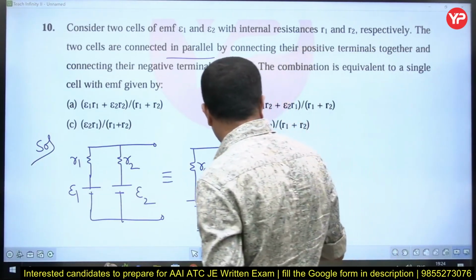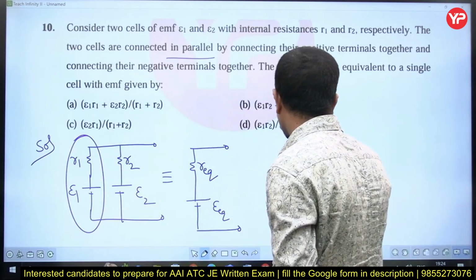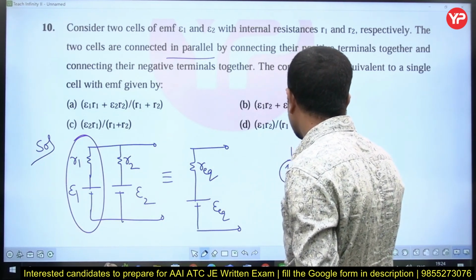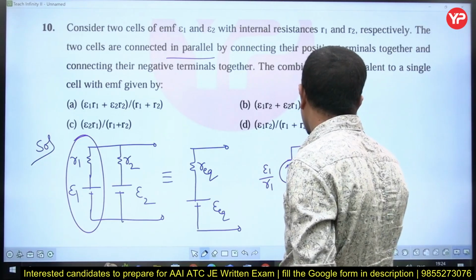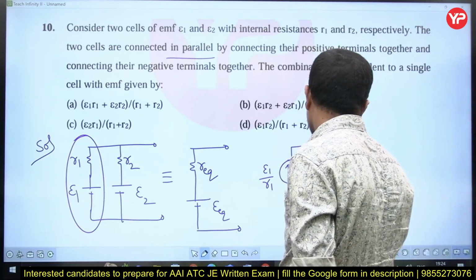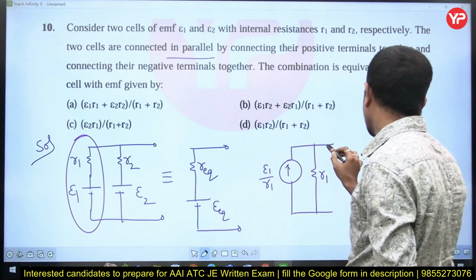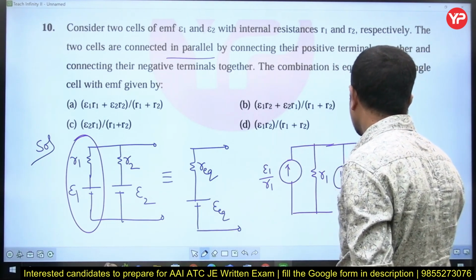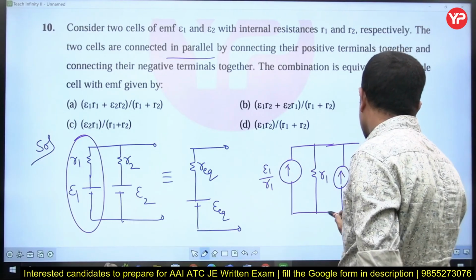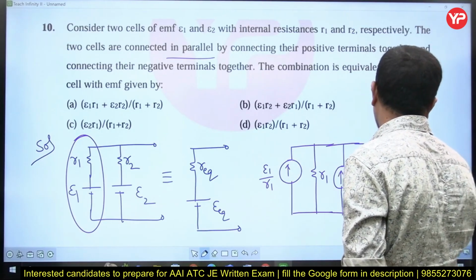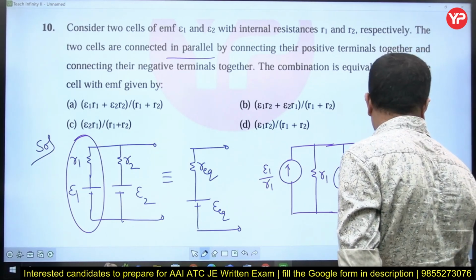Now convert this into a current source. You get a current source epsilon 1 by R1 in parallel with a resistance of R1. Convert this one also: epsilon 2 by R2 in parallel with a resistance R2.